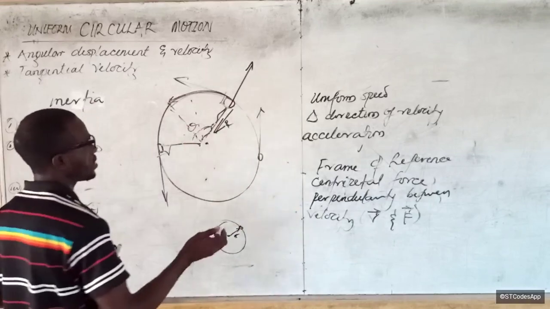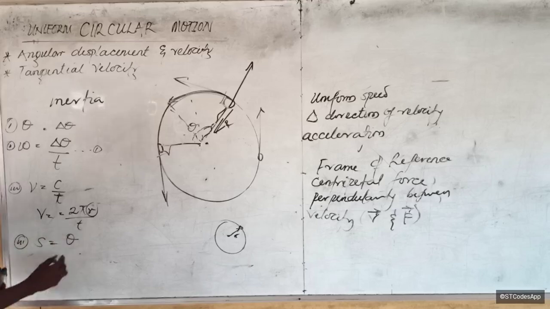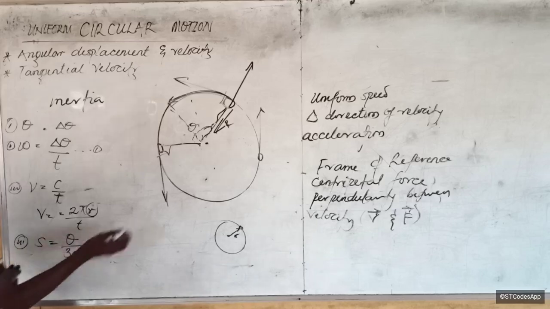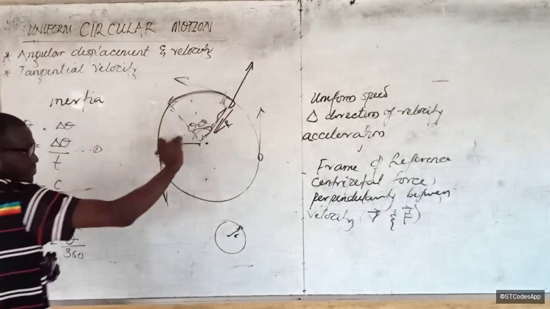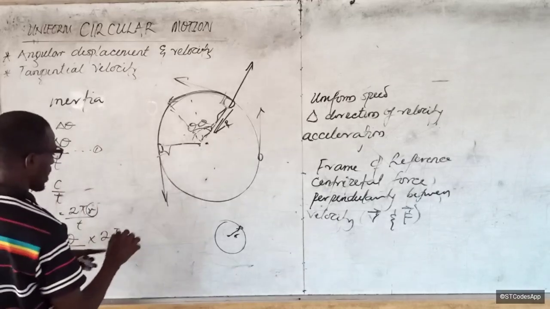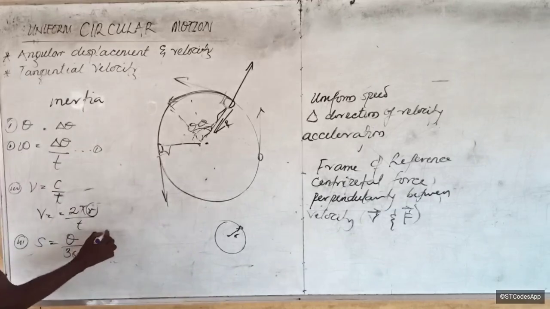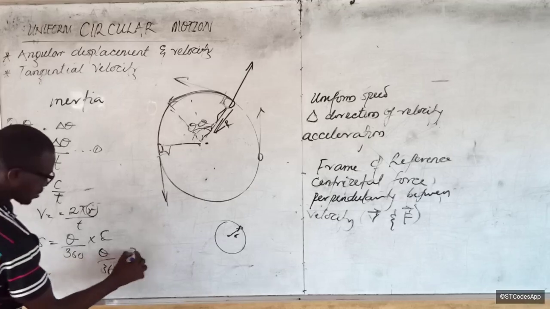What was the formula for the length of an arc? It's the amount of angle moved out of the total 360 degrees, times the entire circumference of the circle, which is theta over 360 times 2 pi r.